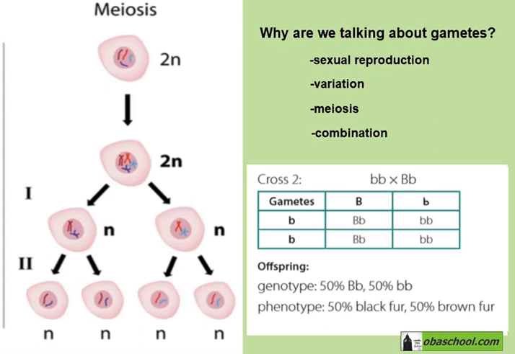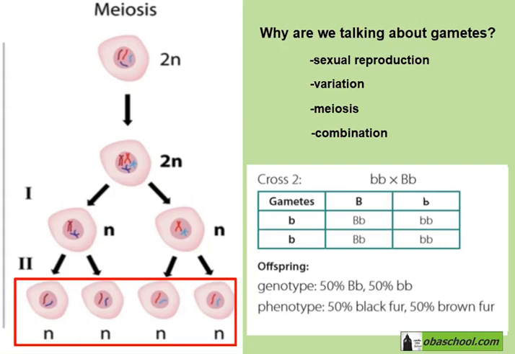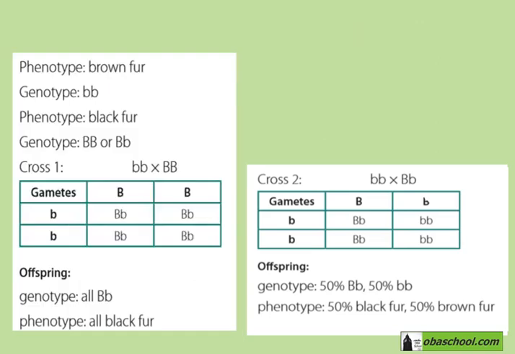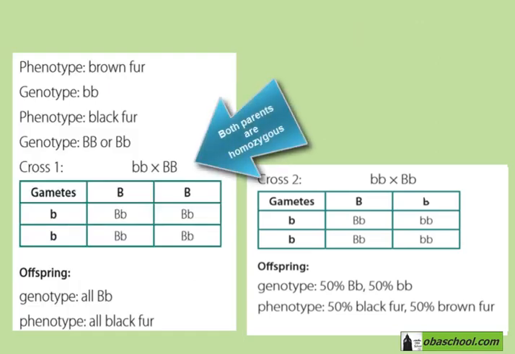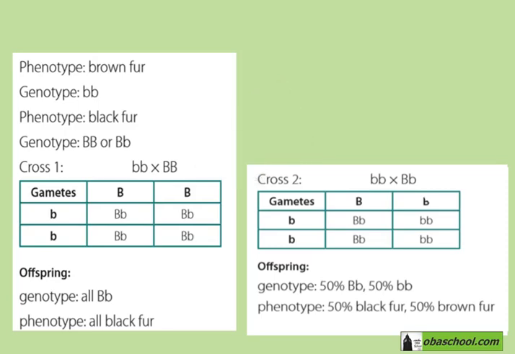We're going to go into haploid state, and every gamete is going to carry one of the alleles. Here, because both parents are homozygous, the gametes are carrying the same allele, because the parents don't even have other alleles.